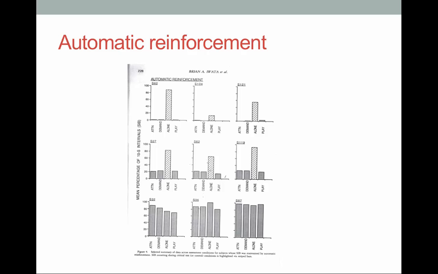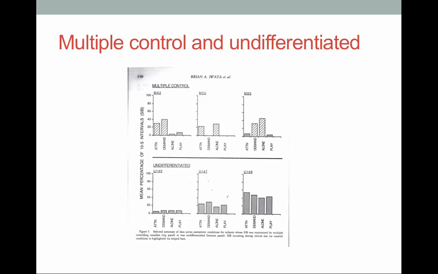If it's moderate to low rates across all conditions, that probably suggests that we haven't teased out exactly what's going on here yet. All right, then of course there's multiple control. So a certain percentage of these 152 cases had multiple control and were undifferentiated.